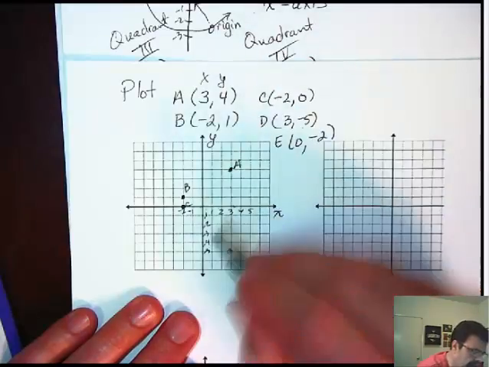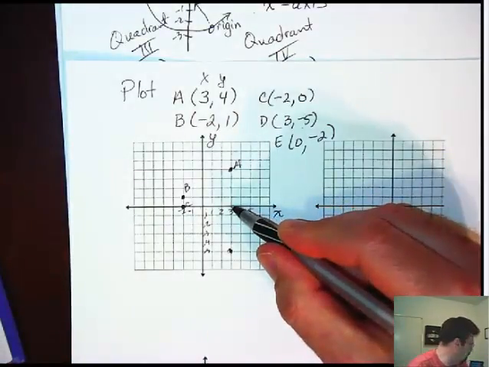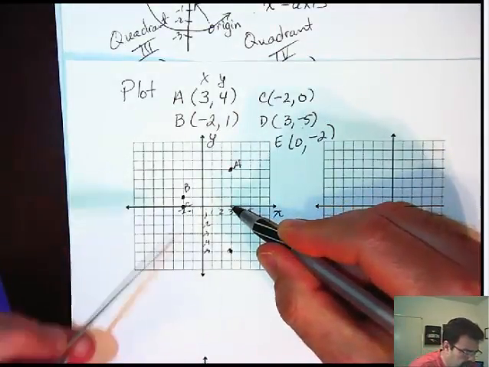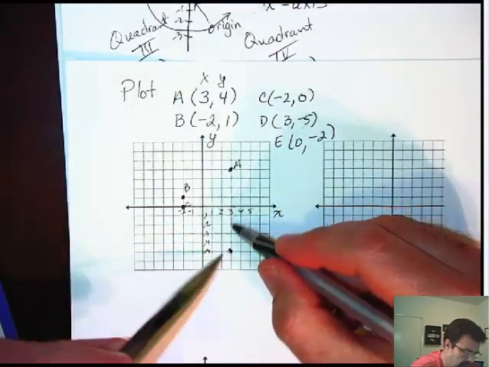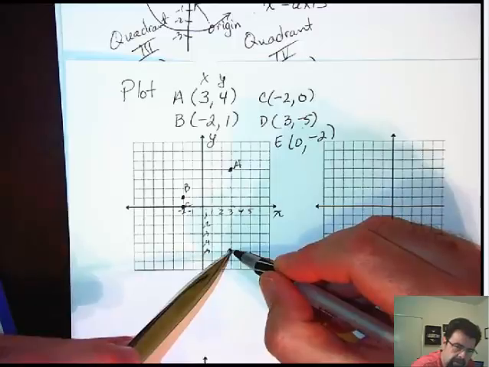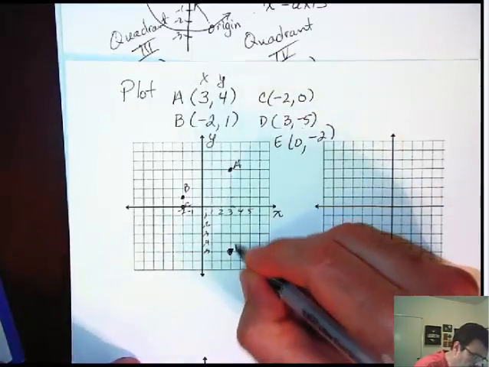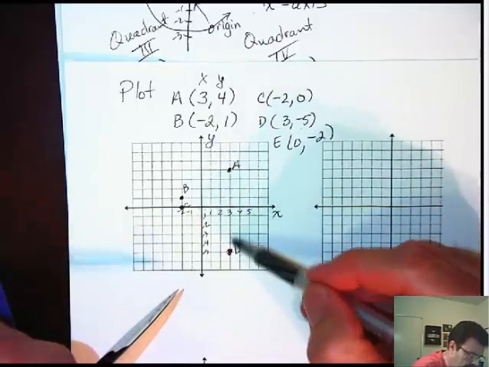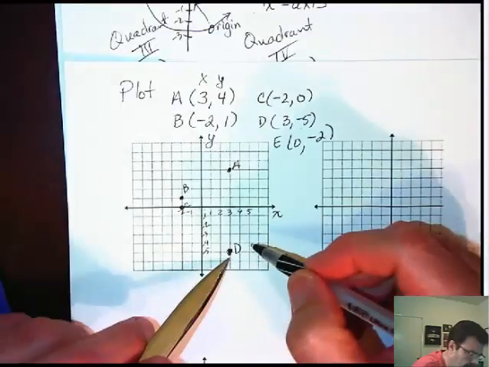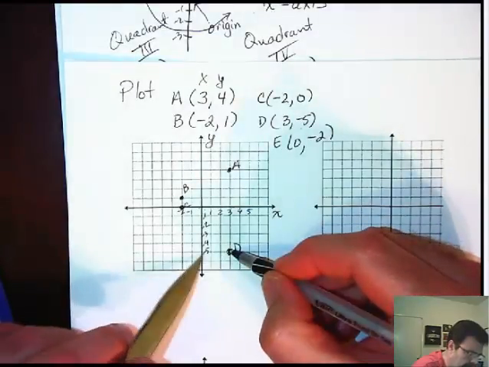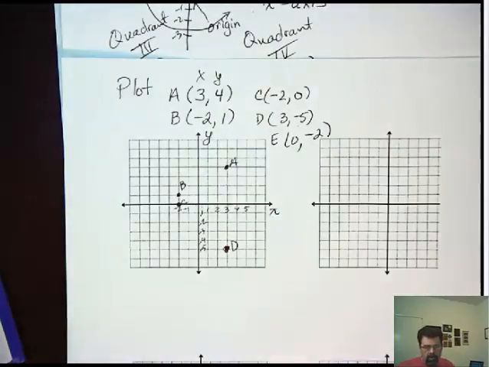The other way to do it is you can go to 3 on the X, and go to -5 on the Y, and where those two lines meet, that would be the point (3, -5). So that's the alternate way to do it.